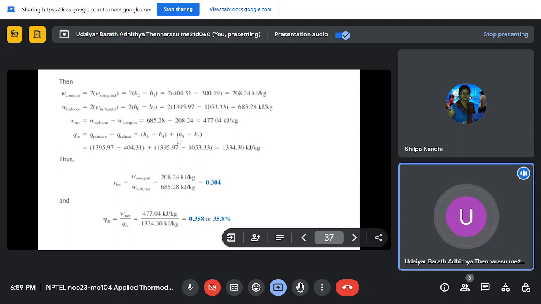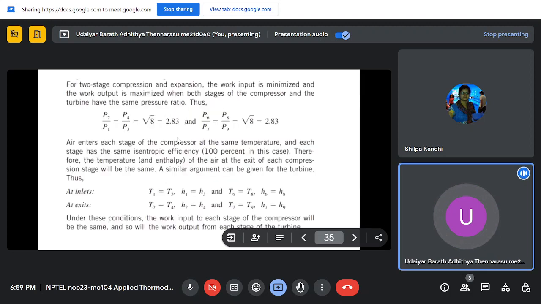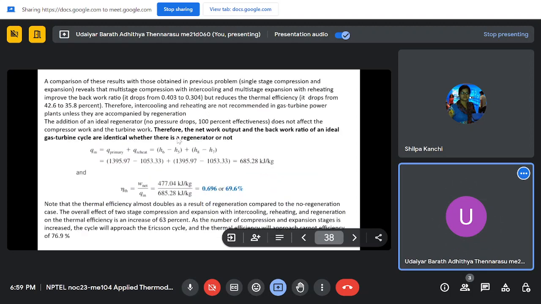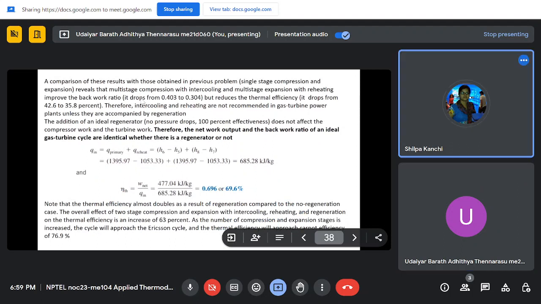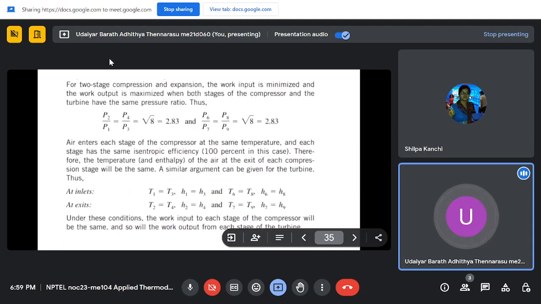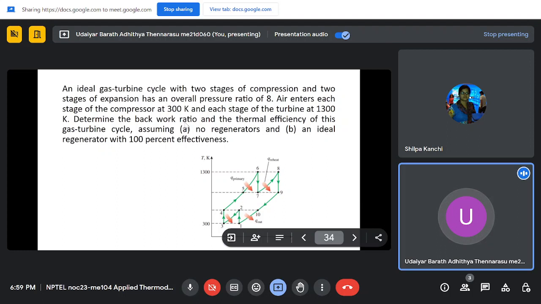So this was assuming there is no regenerator used in this cycle. If we use a regenerator, so first let's compare the result for single stage compression versus multi-stage. We saw the same problem with maximum temperature of 1300 Kelvin and 300 Kelvin.